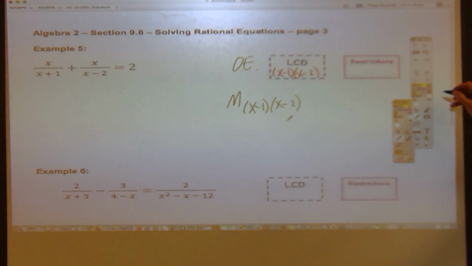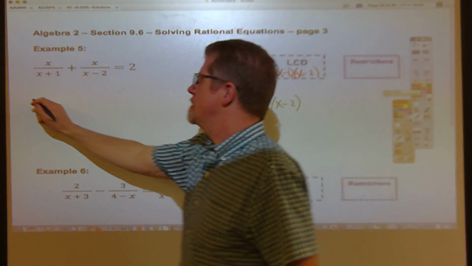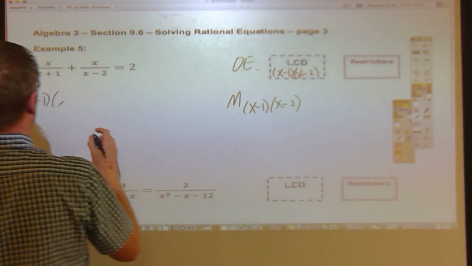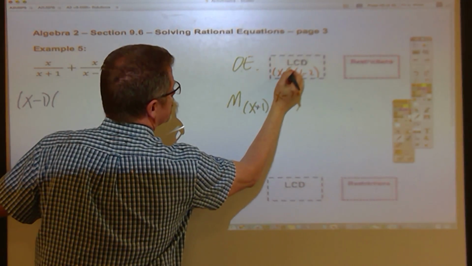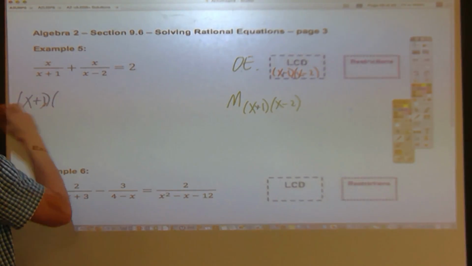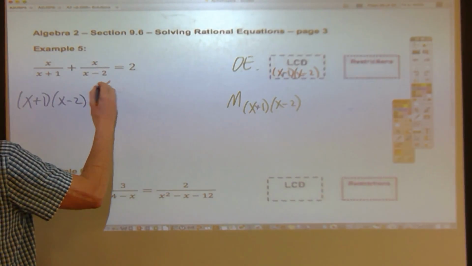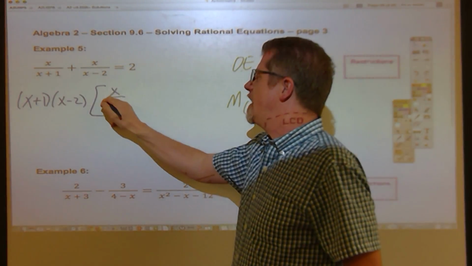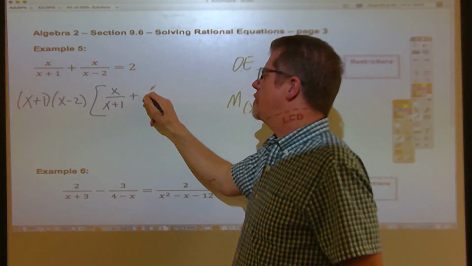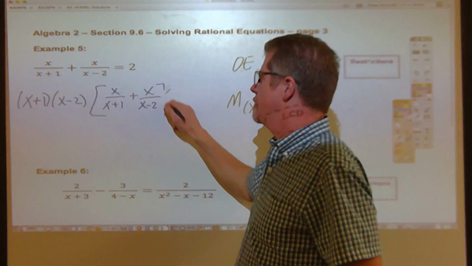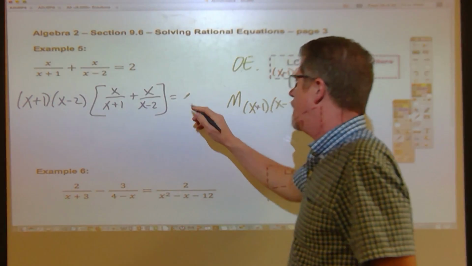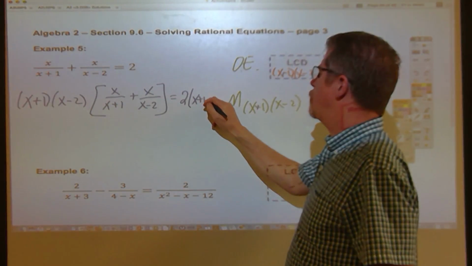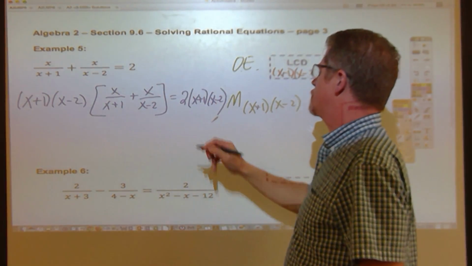So it's a good thing we have a lot of space, because when we multiply by x plus 1 times x minus 2, please use a big square bracket to house x over x plus 1 plus x over x minus 2, equals, and then on the right, we also multiply by x plus 1 times x minus 2.